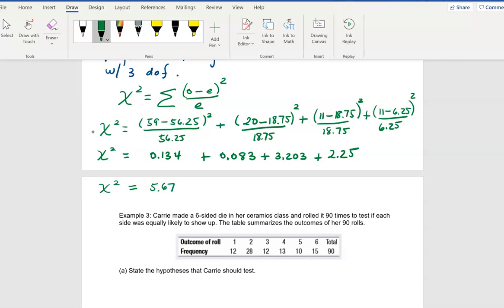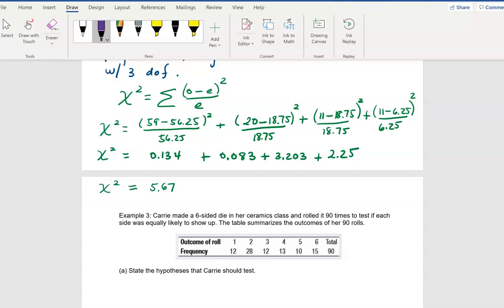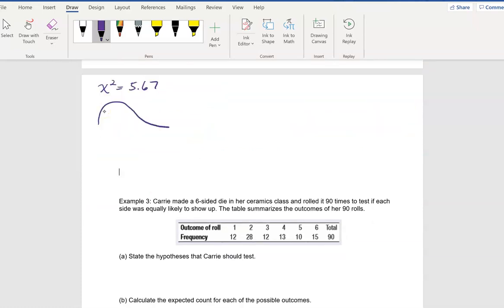You now need to determine if this is statistically significant. The chi-squared distribution is right skewed, and here's 5.67. I'm not going to show you how you can calculate it with the table today. I'm only going to use the calculator. We want to find out the chance that I get a chi-squared statistic of 5.67 or higher.